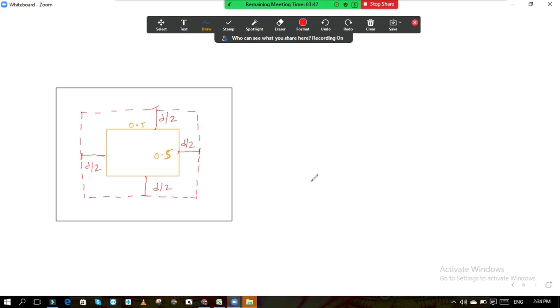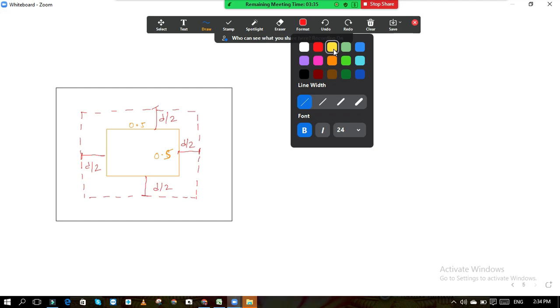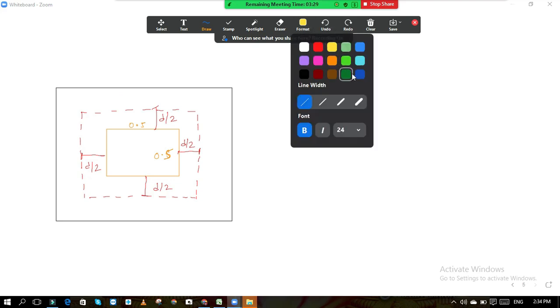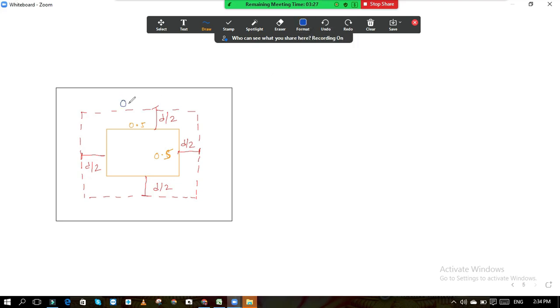अब ये एरिया कितना होगा? So if this is 0.5, then this is d by 2 and this side also d by 2. So total, if you see, this total is 0.5 plus d. The distance कितना होगा? 0.5 plus d on this side.